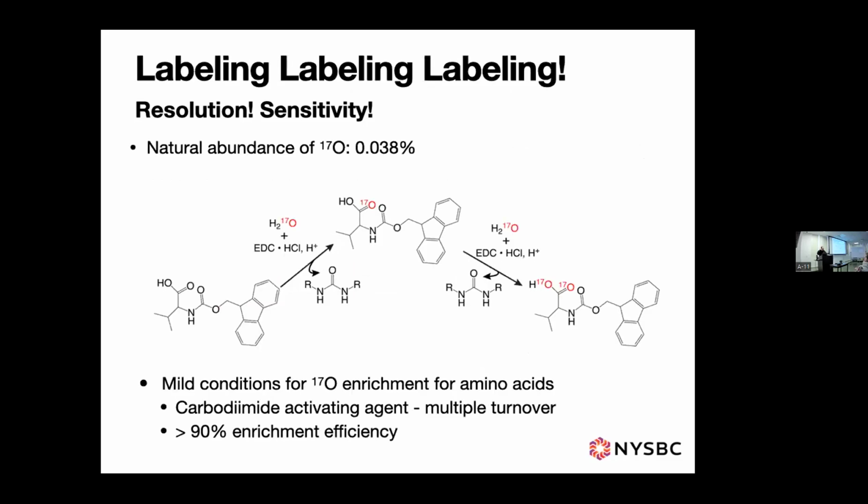One thing I want to talk about is the way I labeled this sample. I should have put this at the beginning, but we need to label it as best we can. I talked about acid catalyzed exchange. This was a reaction that I should have put the citation for here. I apologize for that. I found that it was used to do O18 labeling for vibrational spectroscopy, where it's using protected amino acids.